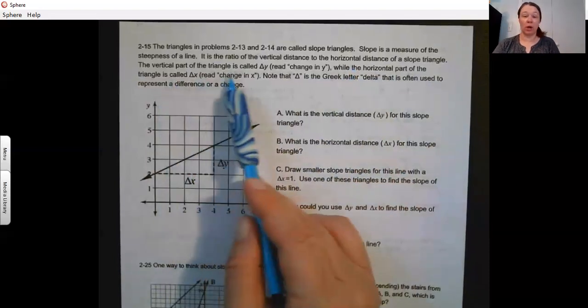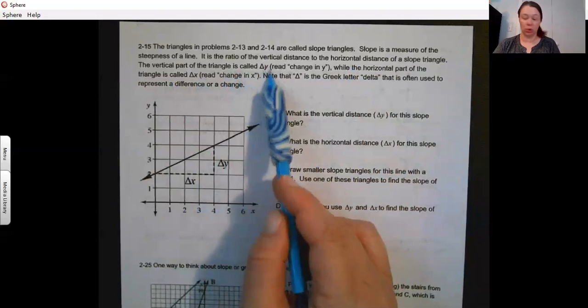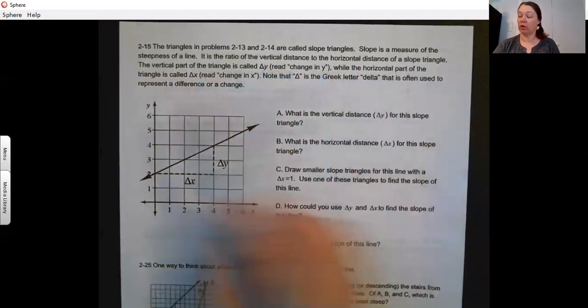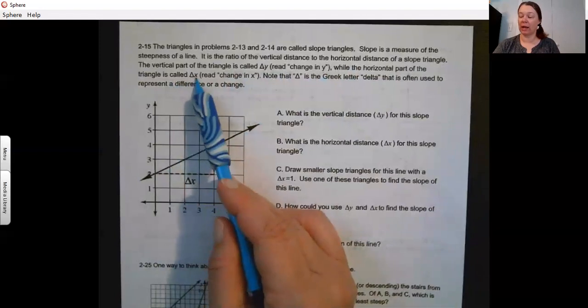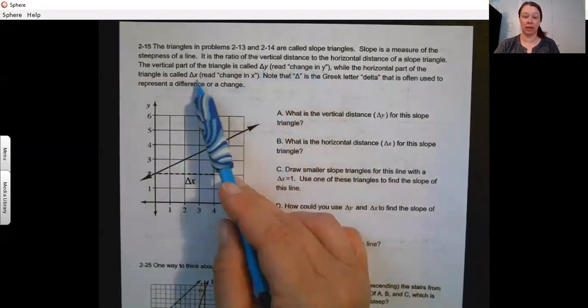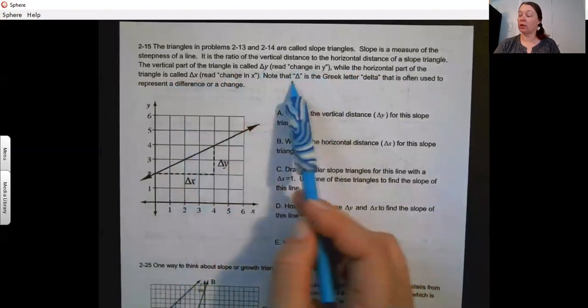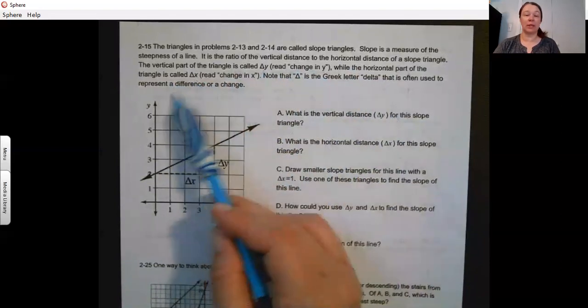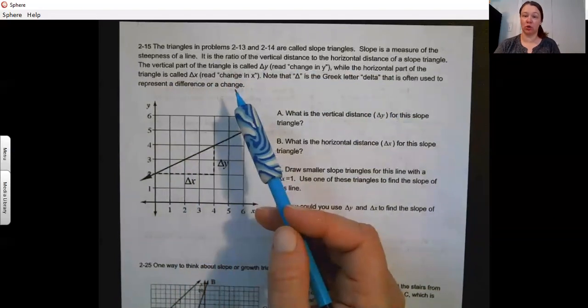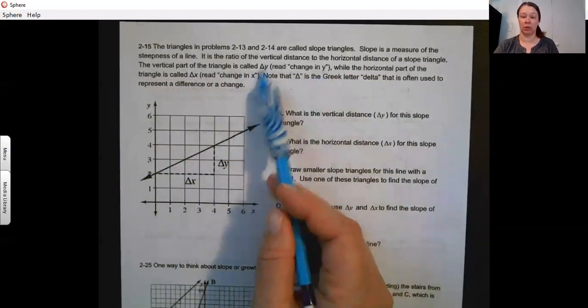The vertical part of the triangle is called delta Y, which we read as change in Y, while the horizontal part is delta X, or change in X. That symbol is the Greek letter delta, which is often used to represent difference or change. It's just shorthand: instead of saying change in Y, I can just write delta Y.